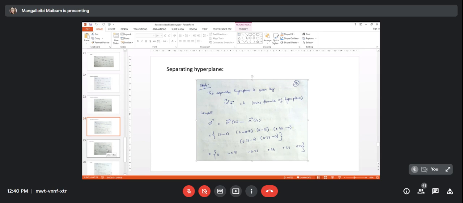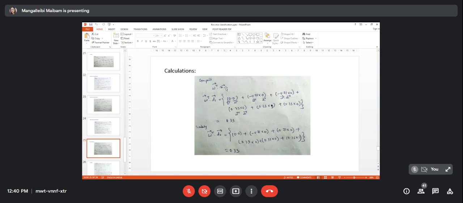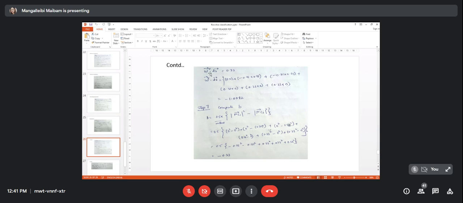After finding the hyperplane equation along with the document vectors, where x is the document vector, we have to find it for D1 vector, D2 vector, D3 vector, D4 vector, and so on for all. With the W vector and the D1 vector, we got 0.33, and similarly you calculate up to D4.